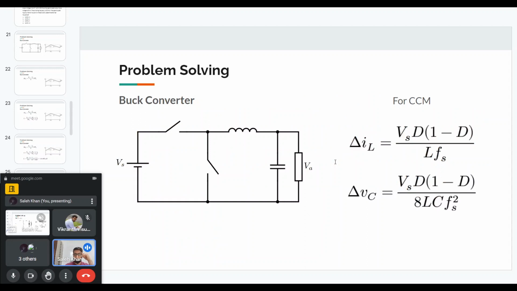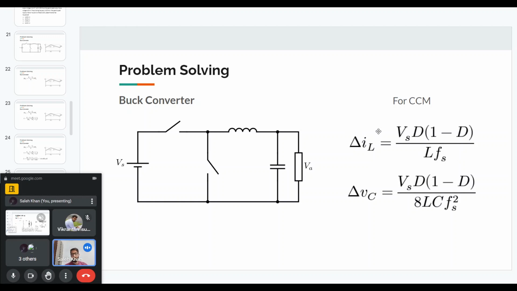So, let's see the circuit. For CCM, that is continuous conduction mode, the inductor current is continuous. For the inductor current ripple and capacitor voltage, these are the equations that we'll get. The inductor current equation I have shown in the previous problem.